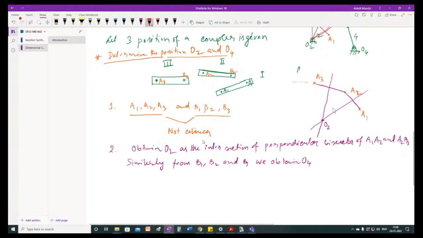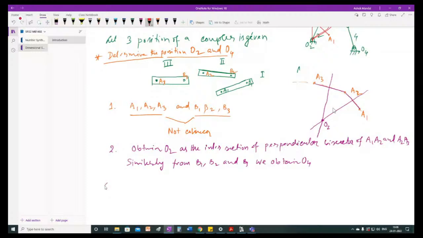Now the problem is, in this kind of problem, due to some space constraints and other constraints, the fixed points O4 and O2 will be given. Suppose those two points are given, and you have a choice to find out where A1 and B1 are. That means the coupler position is given. Now we are modifying the problem.